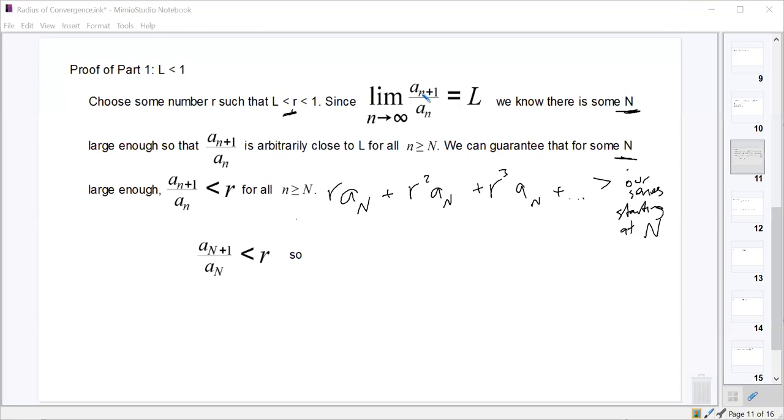Okay, so I've got the ratio between my terms is L. That's what we found. We got some number, and found that that L value is less than 1. So L is just some ratio between these terms that is less than 1. I can choose some value R that's between L and 1, because there are an infinite number of numbers between L and 1.